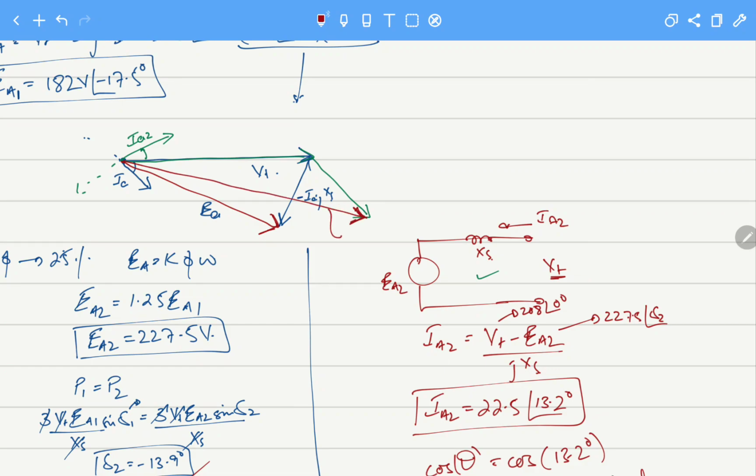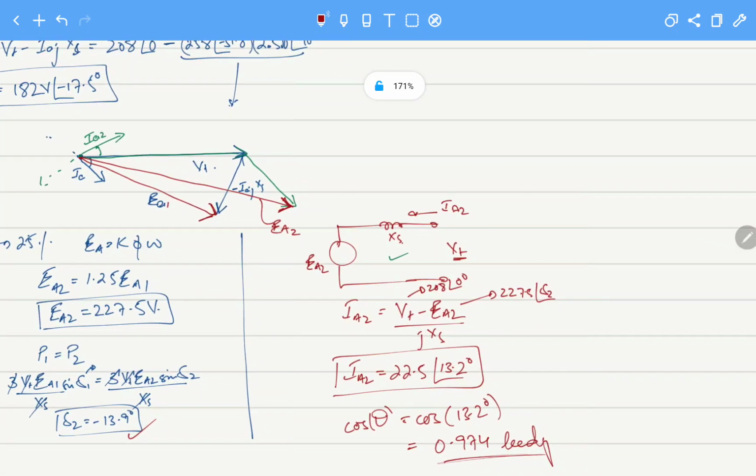This is EA2. This was EA1. So this is how the machine will be providing the power.